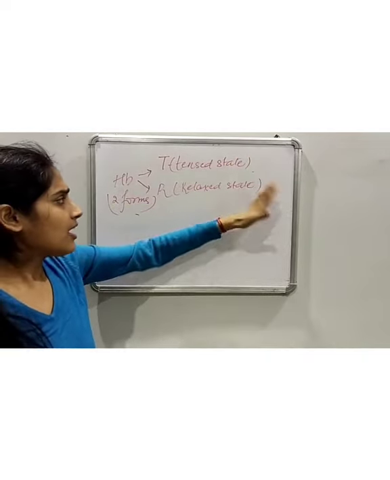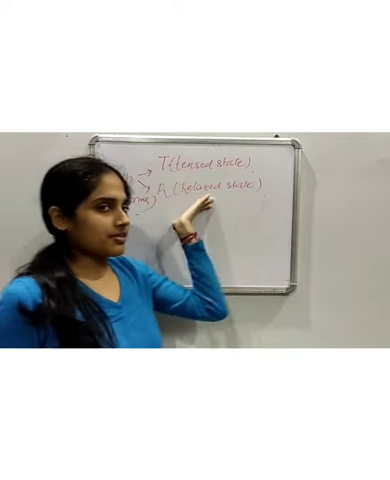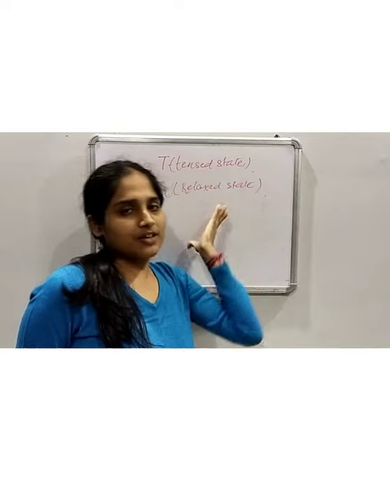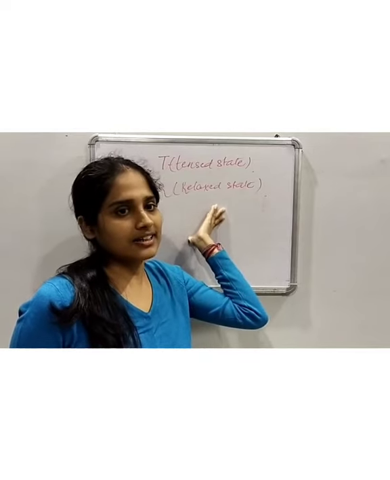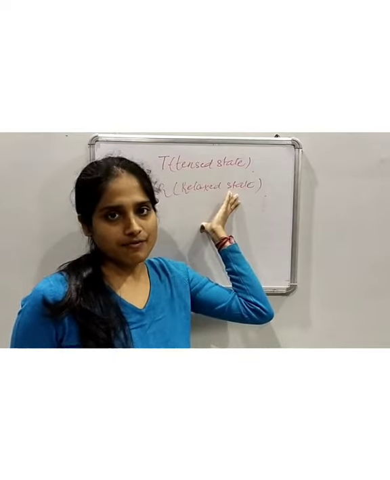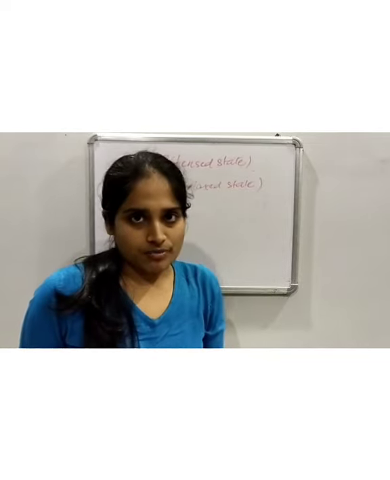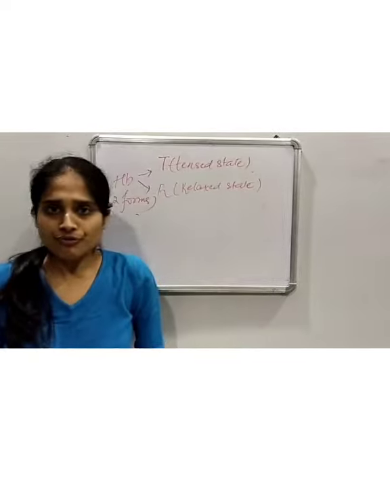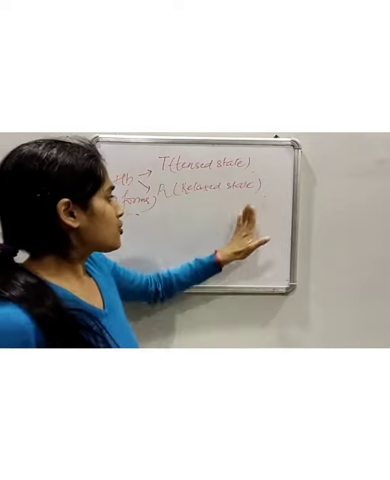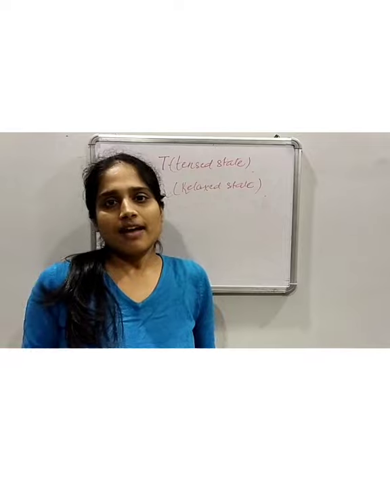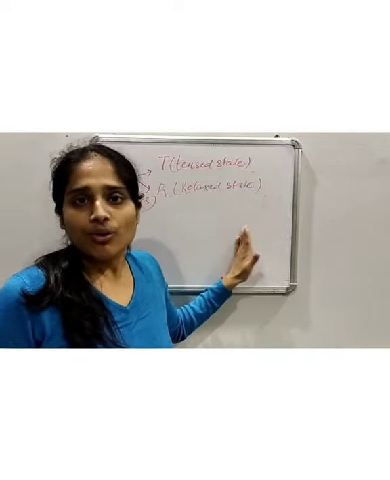So when the first oxygen molecule binds to hemoglobin, it is converted into the relaxed state. In the relaxed state, binding of one oxygen further enhances the affinity of hemoglobin for the other oxygen molecules. So it becomes Hb4O4, and then Hb4O4 again increases the affinity for Hb4O6.